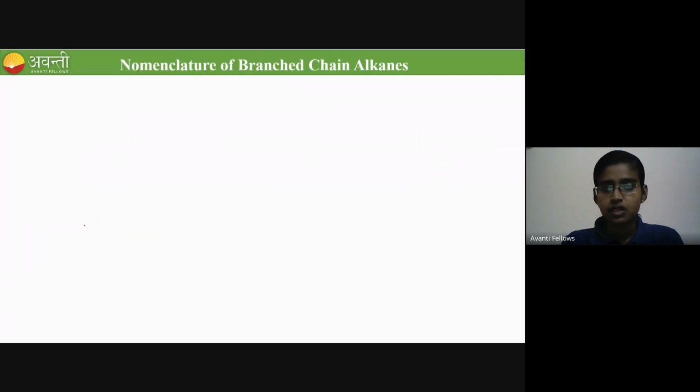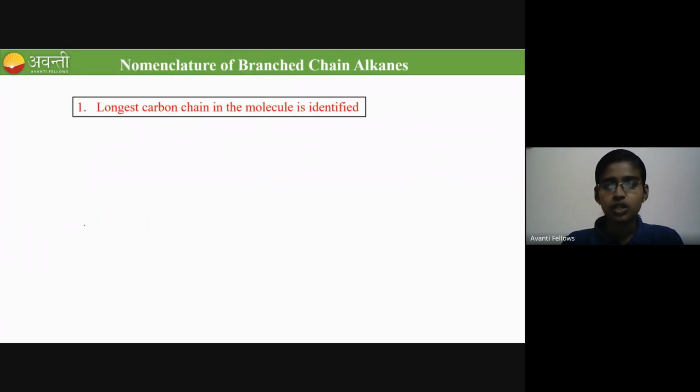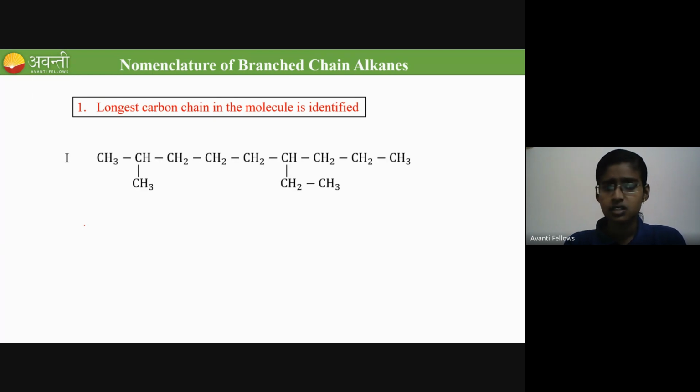Yes. Now, let's move on to the rules to name the branched chain alkenes. Rule number 1. The longest carbon chain in the molecule is identified. What is the first rule? You have to find the chain with more carbon atoms, which is called the longest chain. So a compound is given to you.